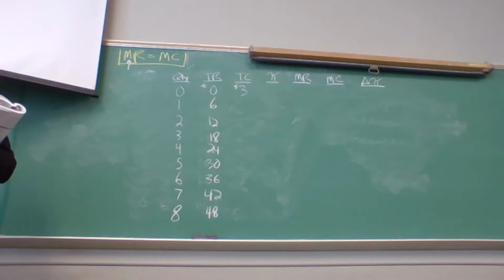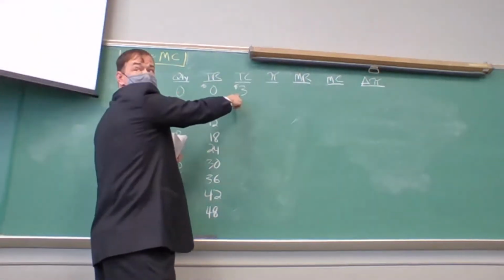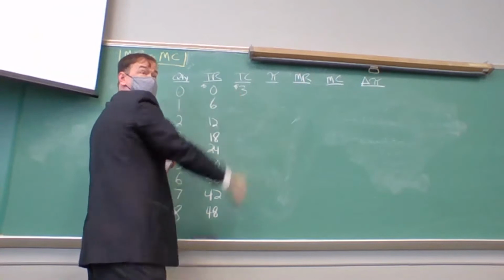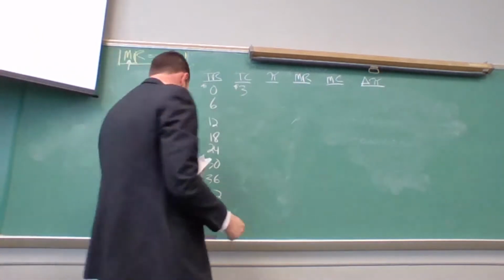Total cost is what kind of cost plus what cost? Variable cost plus fixed cost. So if you're not producing, is this variable cost? That's all your fixed costs. So now you know your fixed cost for the entire table. Remember that last week?